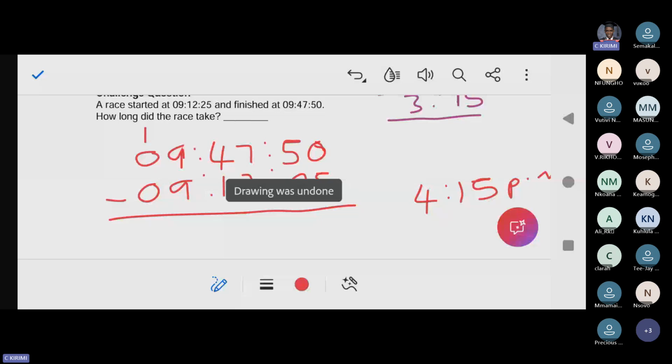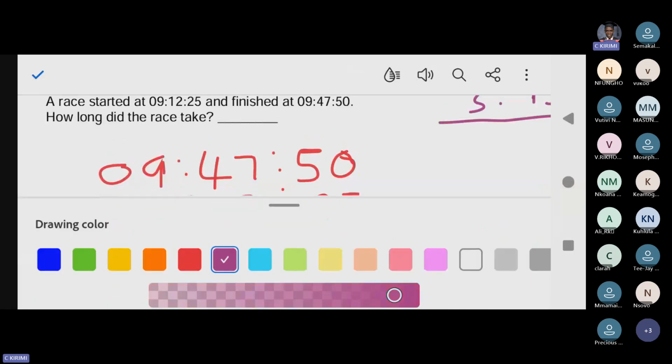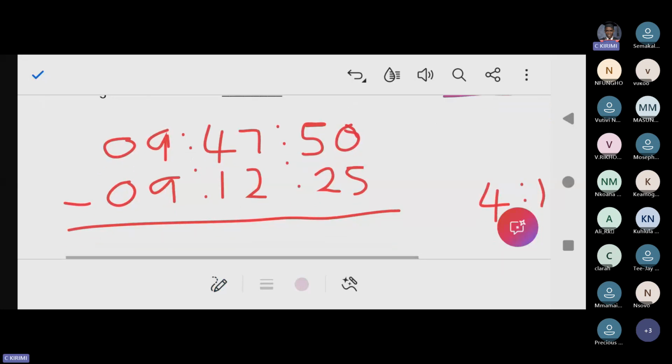You can still borrow a 10 from a minute. But when you are borrowing an hour to give to the minutes, you are borrowing a 60. So for example, here 0 cannot subtract 5, so we are going to borrow from the 5.